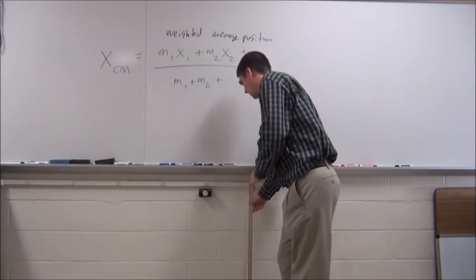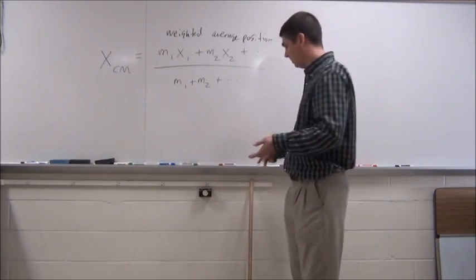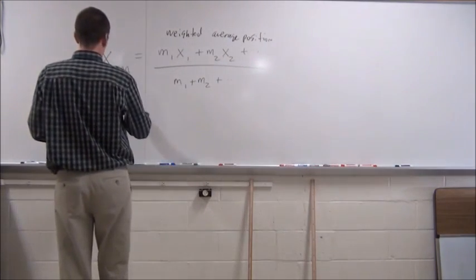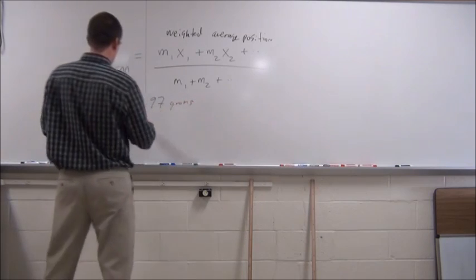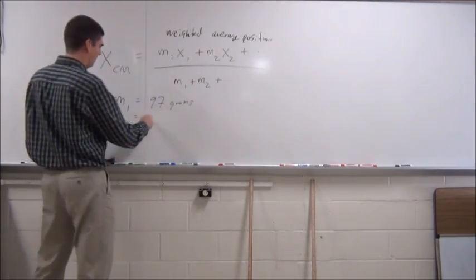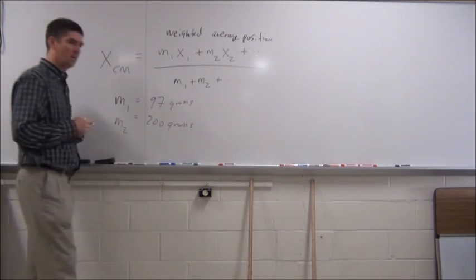So we're going to think of this system as having two parts. I have a meter stick, and the mass of that meter stick, I'll call M1, is 97 grams. The mass of the extra mass that I've taped on is 200 grams. All right?